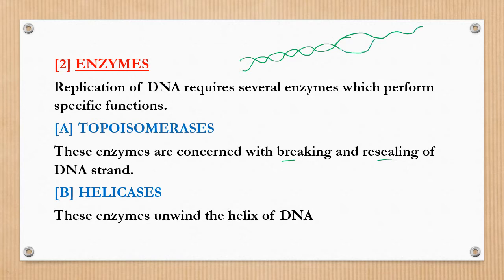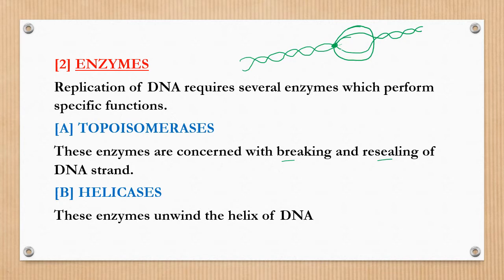It forms like this. So here we call it the origin region. This is the origin region, and here it is separated by breaking of hydrogen bonds. That breaking and resealing, the broken ends are resealed again by these topoisomerases.